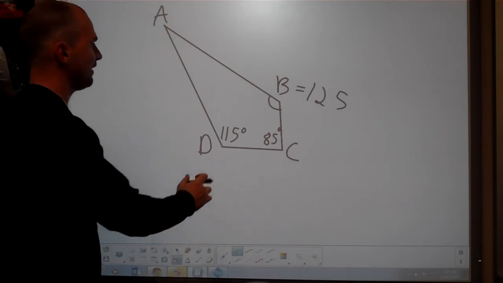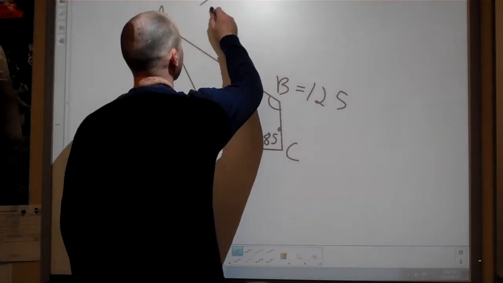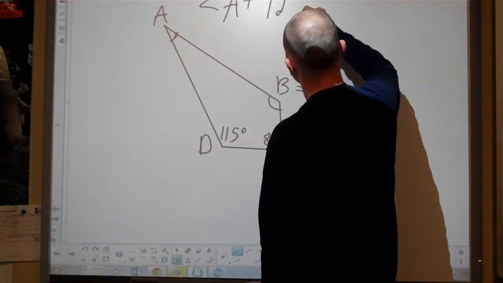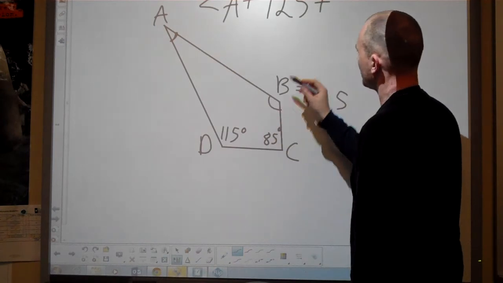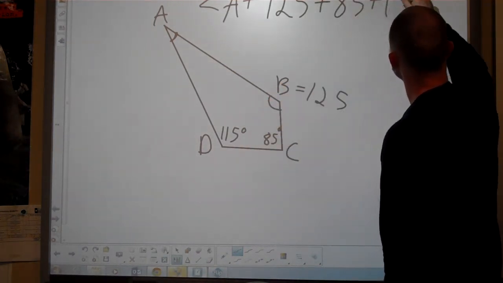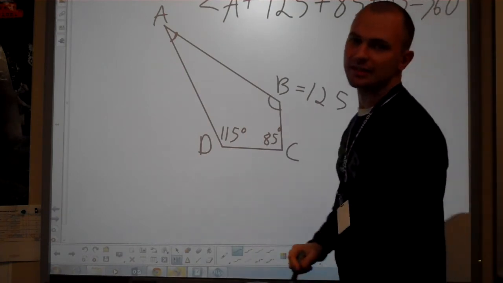Alright, here we're missing angle A. So let me write this. Angle A plus 125, that's angle B, plus angle C, which is 85, plus angle D, which is 115. These all add up to 360 degrees.